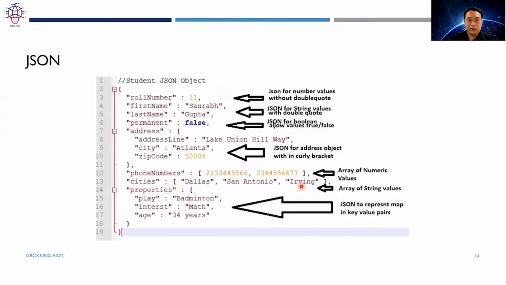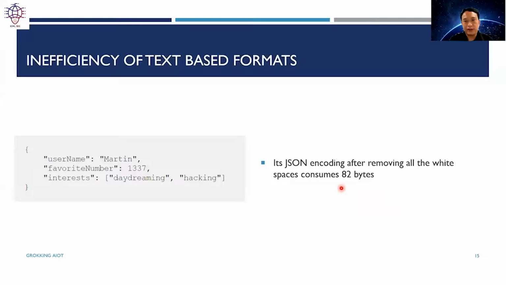So that's good for normal data, but there is a problem, and that is what is not seen by your eye. Although you can see that it's very nicely formatted here, there are what we call white space or separator characters that are invisible to you as a human, but they do take up storage space and transmission time when you try to send this thing across.